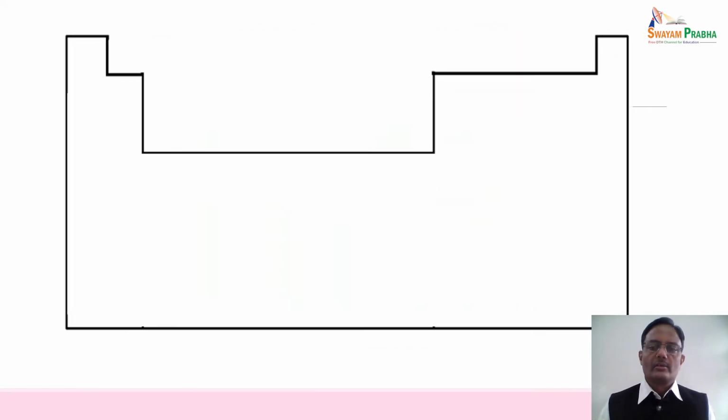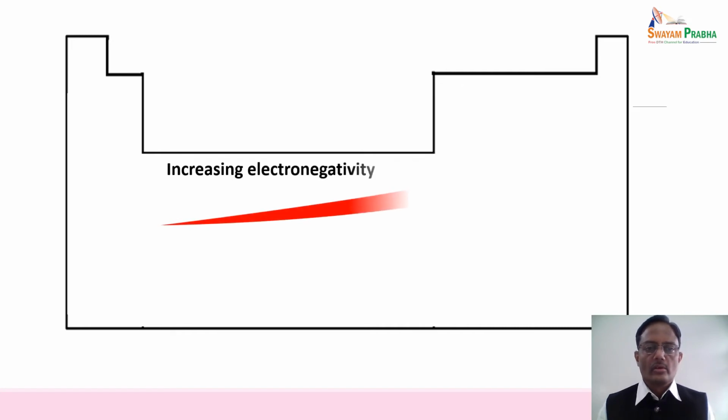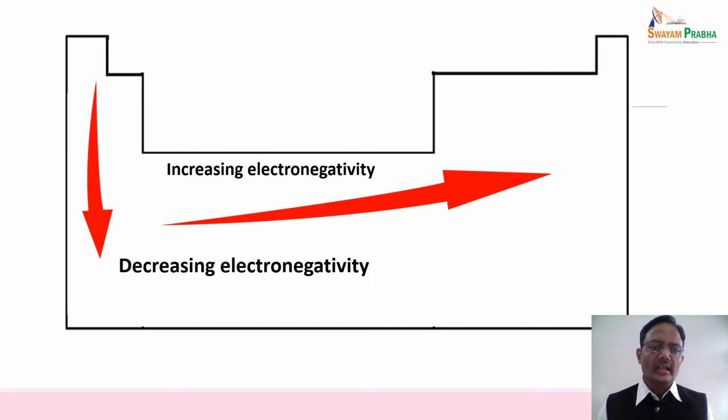In short, we can summarize the effect of all the factors together. Across the period the electronegativity goes on increasing, and down the group the electronegativity goes on decreasing.